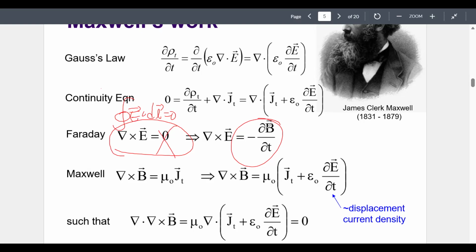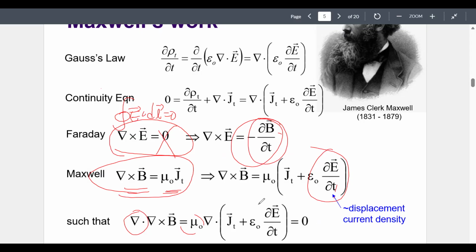You have to add a minus dB/dt in it, a change of flux. So Maxwell said, I'm going to play the same game with Ampere's law. You say curl of B is equal to this. No, if the electric field changes over time, you need to add a dE/dt term, just like I added the dB/dt term here. If I do that and take the divergence, everything is fine.